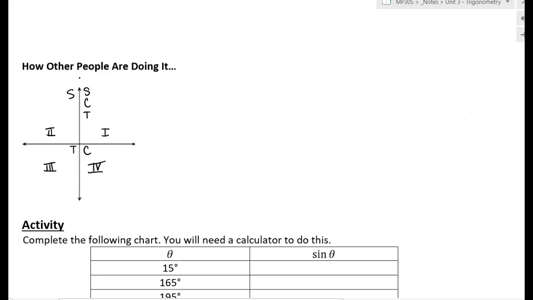So how people remember this varies depending on who you talk to. I'm going to tell you a bunch of different ways. I'm going to say that all three trig functions are positive in quadrant 1. Sine is the only one that's positive in quadrant 2, tan in quadrant 3, cosine in 4. So the first way of remembering it is CAST.